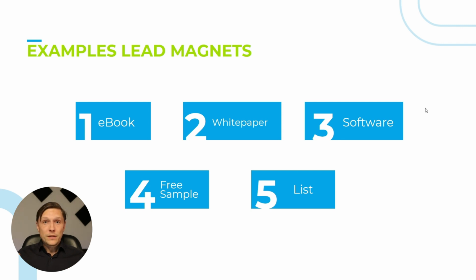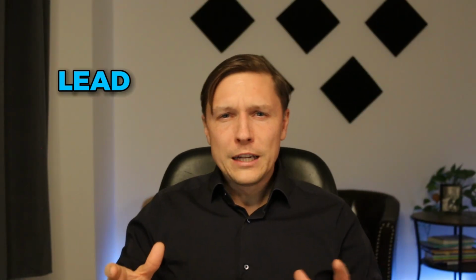So a list that is already useful for your customer, where your future customer, your lead, can give you their contact details and they would like to receive the list instead. So those were some examples for lead magnets, but you can be very creative in this. We're going to take a look in the future course on what you can choose and how you choose the right lead magnet for your calls.